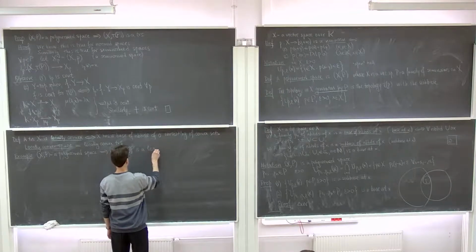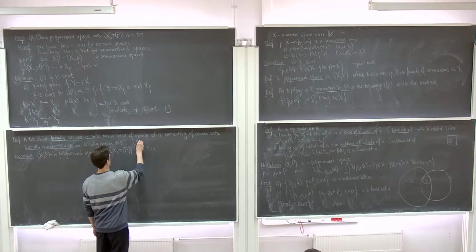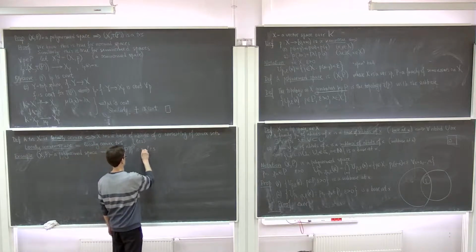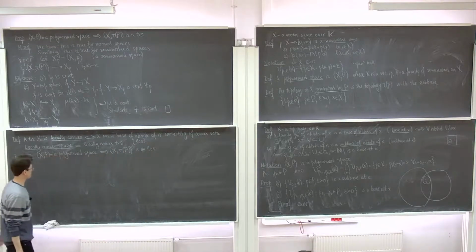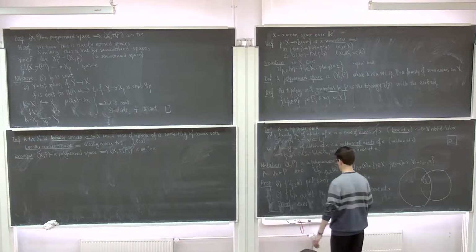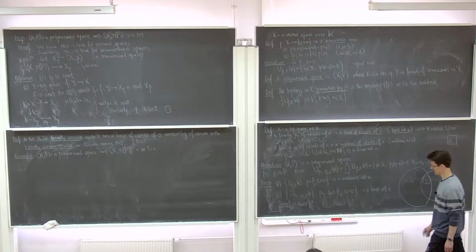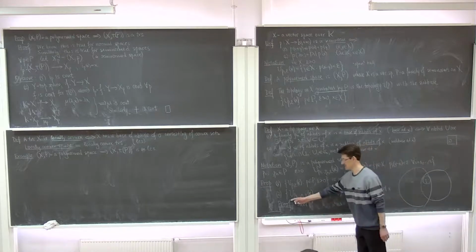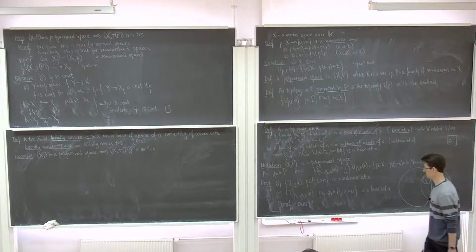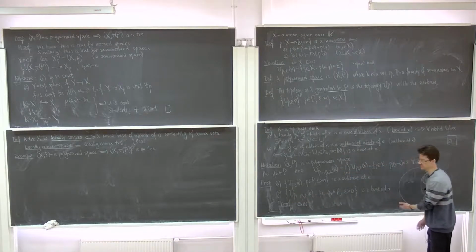Let's abbreviate locally convex space as LCS. This is immediate from this proposition, because clearly the triangle inequality implies that each open ball is convex. And of course, an arbitrary intersection of convex sets is convex. So if we put 0 here, then we get a base of convex neighborhoods of 0.